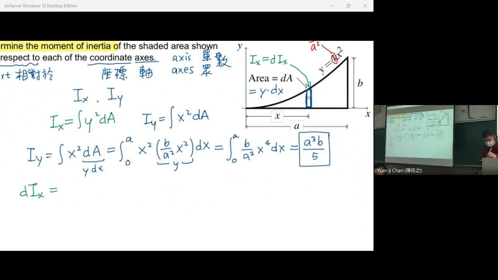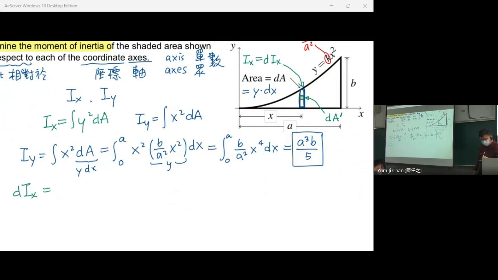And then we say within this stripe we have dA prime, this little square. For this little square, the area dA prime is equal to dx dy. So we work on this first, and then we talk about the next step.